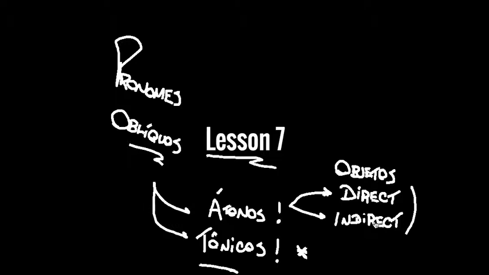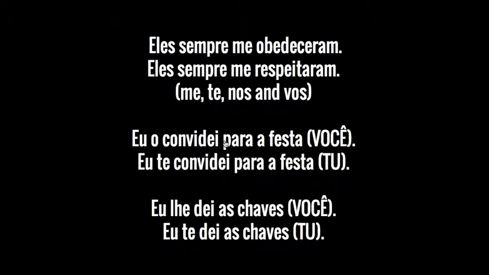We would call those verbs verbos transitivos diretos, the direct verbs, and verbos transitivos indiretos for the indirect verbs. But we don't need to talk that much about those verbs, let's go on with our exercises.